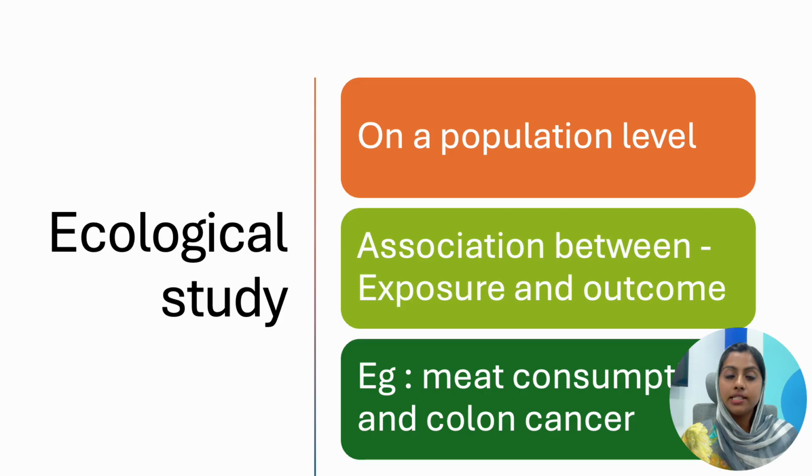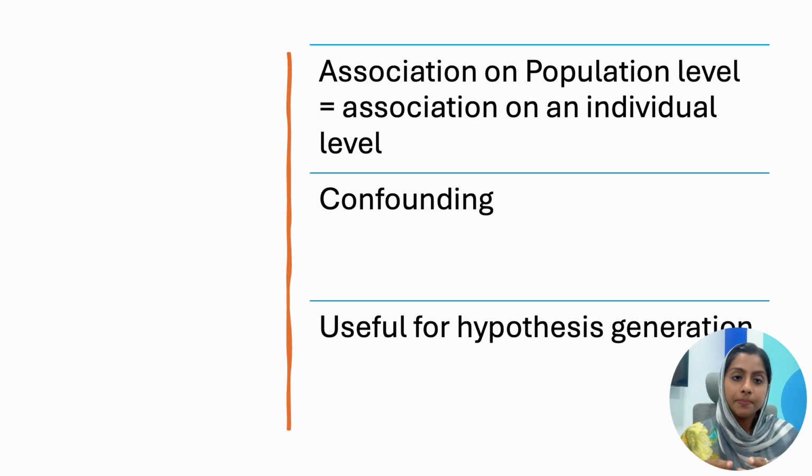For example, you are taking the USA and you are looking at meat consumption, and you see that meat consumption has gone high in the past few years, and you see a similar trend in colon cancer, which has gone up. But we actually don't know if the people who have consumed the meat have actually got colon cancer. Because it's a population-level study, you can establish an association but not at an individual level. So this is an ecological study.